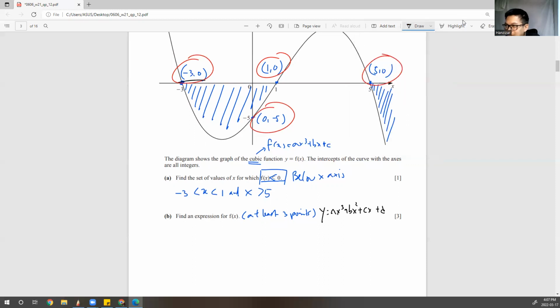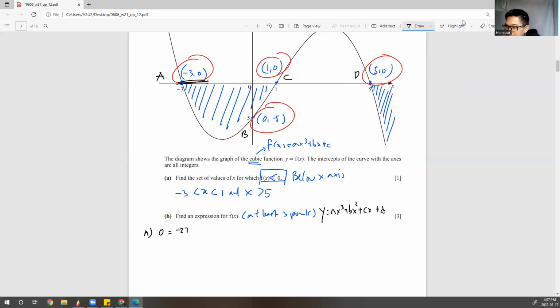What is this y? Let's say this is point A, point B, point C, point D. For point A, y is 0, so 0 equals ax cubed. You write down x cubed, negative 27a, right? Because this has to be negative 3 cubed.